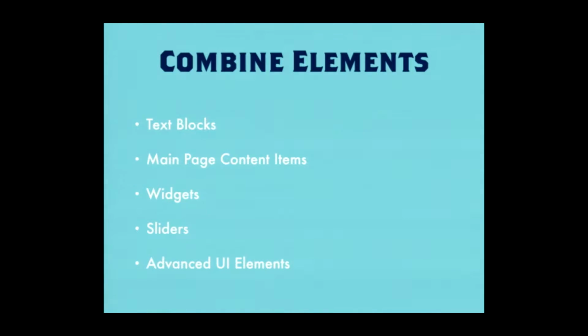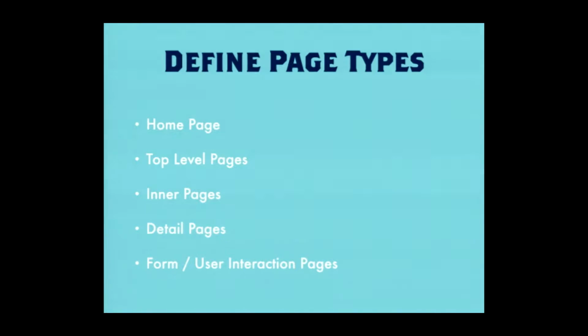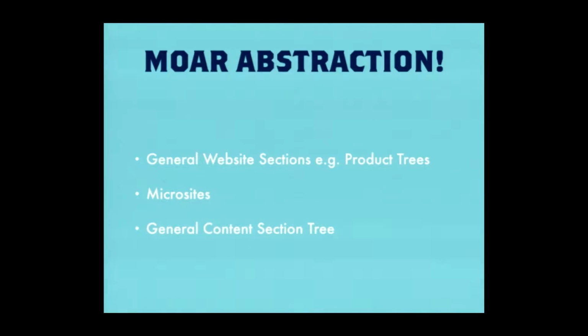But if you can get to where you actually have some page types, this is where you can start taking Photoshop and using Photoshop less. And then, finally, once we keep going, we can abstract this way up there. We can have whole website sections in your style guide.